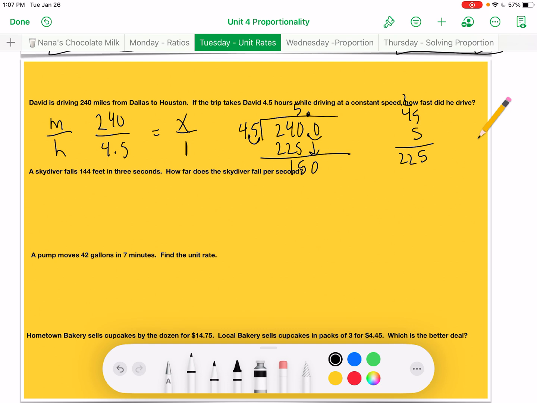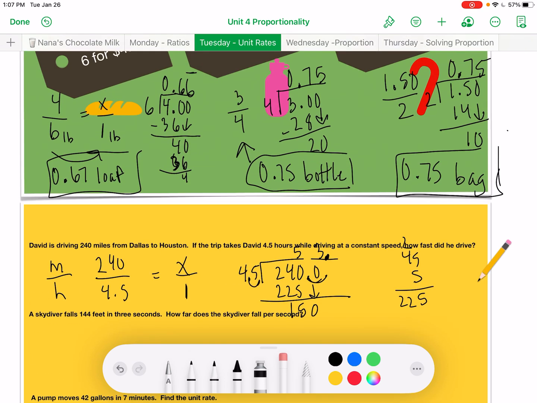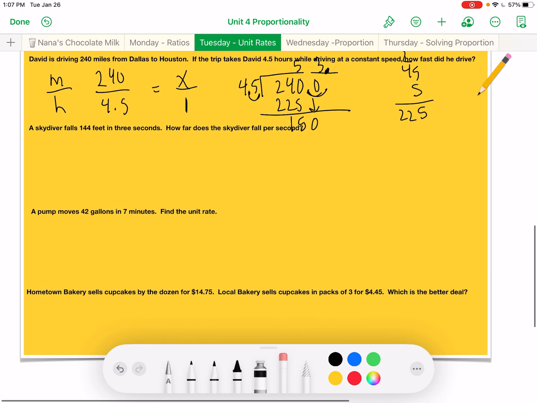45 is close to 50. 3 groups of 50 would be 150. So I'm going to say 3. Oh, I didn't move my decimal over. I knew this wasn't going to be reasonable. I just brought my decimal up without moving it over. There you go.